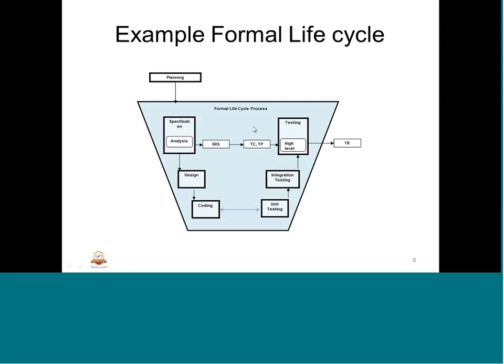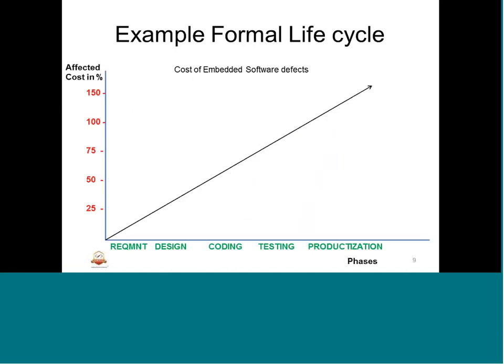For specification it is high level testing, for design it is integration, for coding it is code or unit testing. So that's why it is called the V model. As part of the exercise that we do for testing at these levels, we produce the test result. So that is a formal life cycle, after we are done with the example of prototyping.